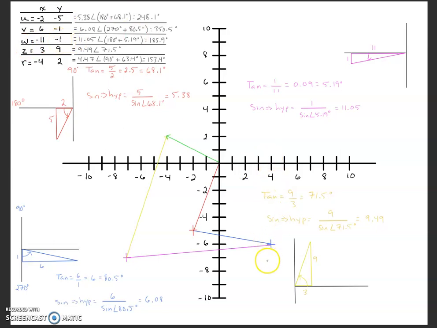So 4 minus 11, we end up at -7 here. So from 4, we go back 11, and then down 1 on the y. So -6 minus 1 gives us -7.